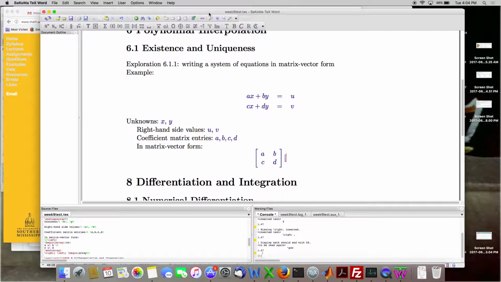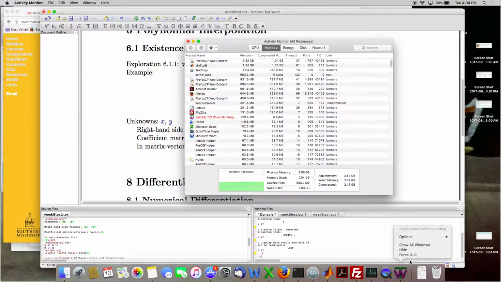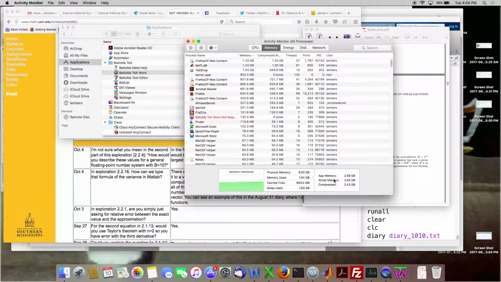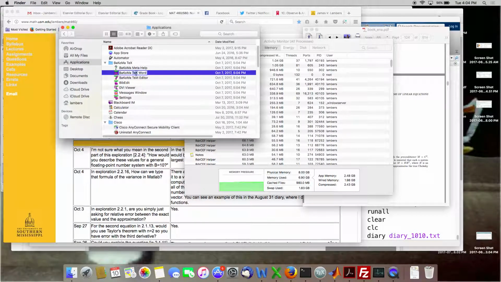Because what I did after class last time is search for what you call a WYSIWYG LaTeX editor. By WYSIWYG, I mean what you see is what you get. You know, something like this.